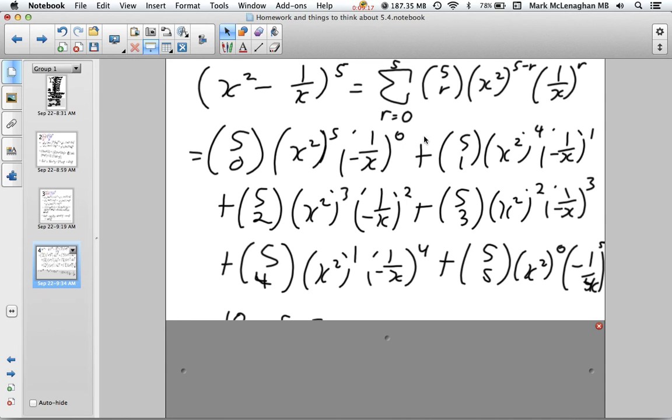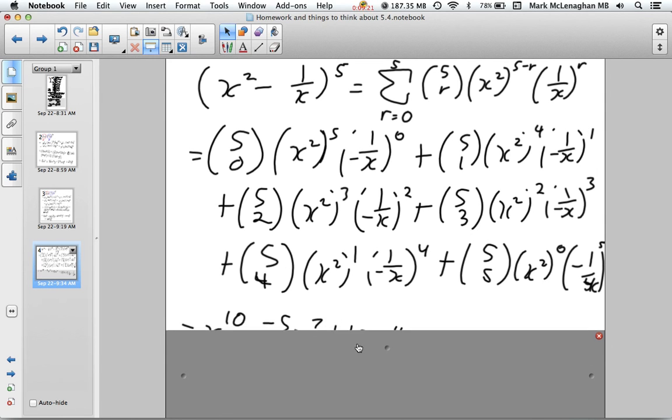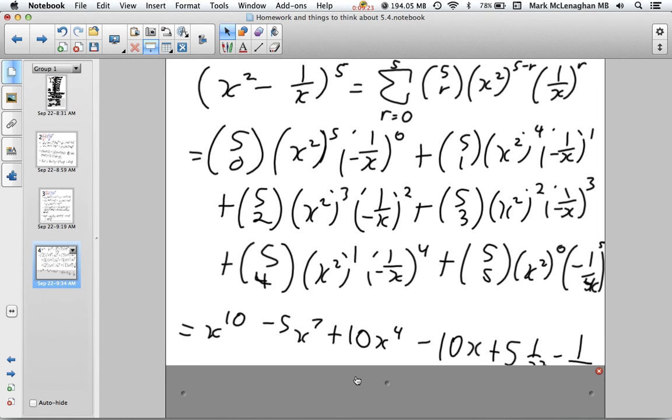Again, exponents are adding up. When we start expanding those, we have to be careful of the positive and negative signs. This is the first term: x squared to the power of 5 is x to the 10. And we have 5 times x squared to the power of 4 times negative 1 over x.